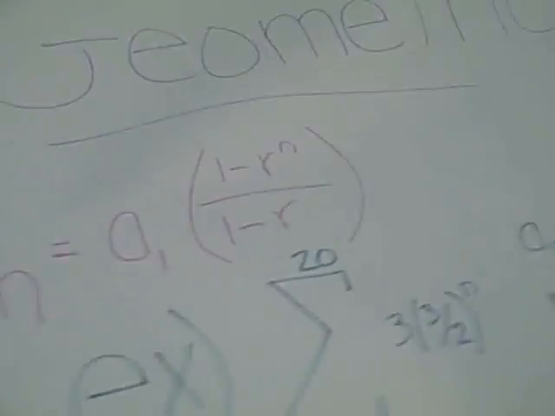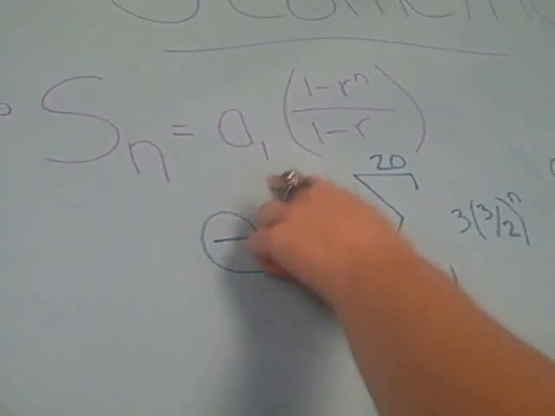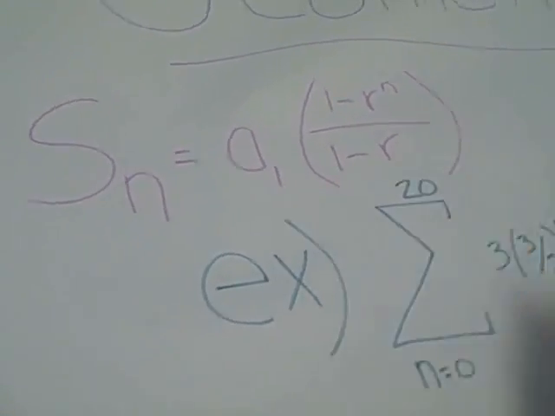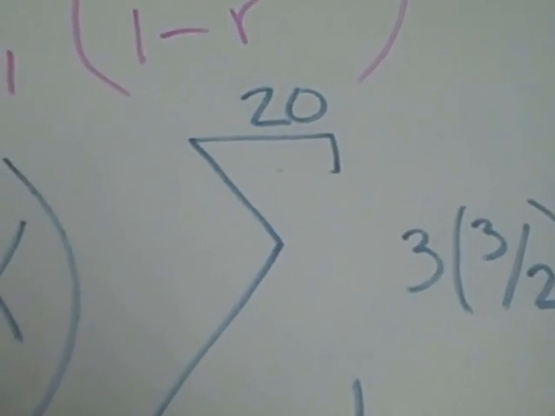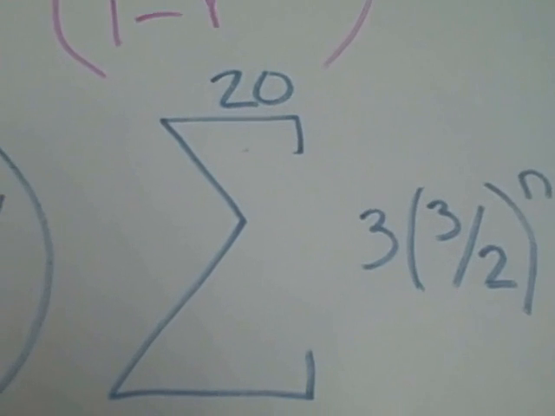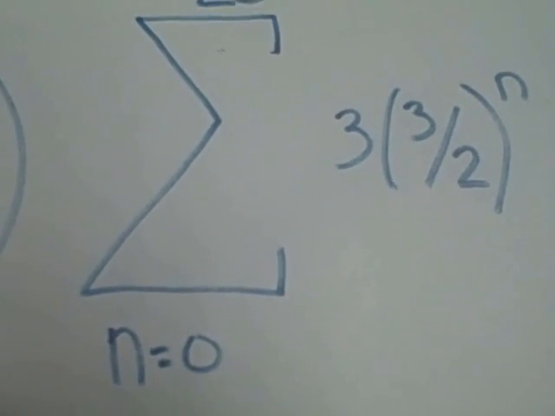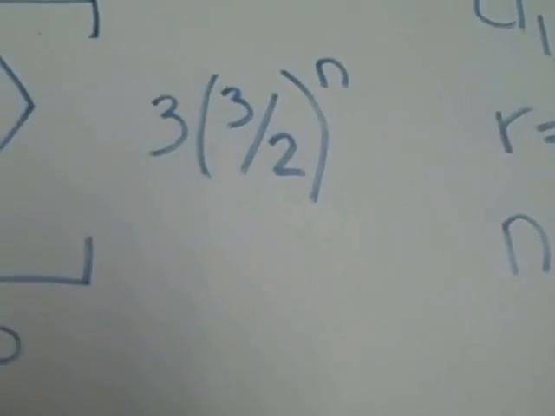Geometric sums. To find the sum of a geometric sequence, you do a1 times 1 minus r to the n, divided by 1 minus r. Okay, for our first example, we are given that n equals 20 with a ratio of 3/2 and a1 being 3 times 3/2.